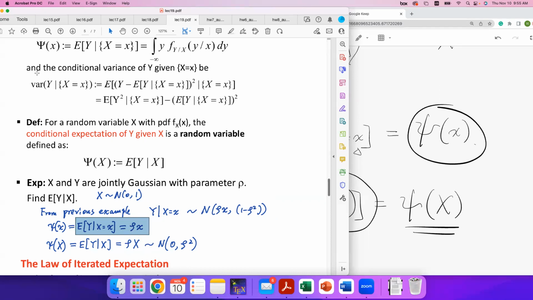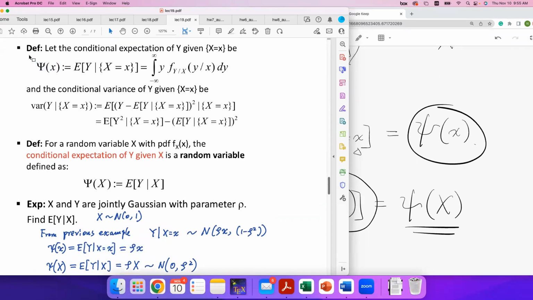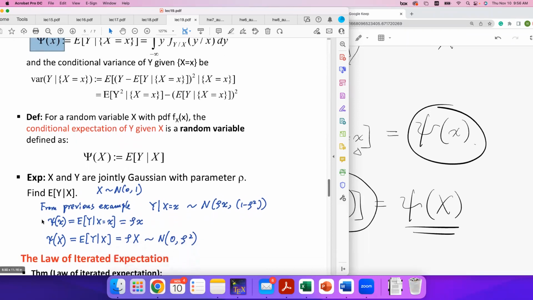Therefore, this phi x, defined as this conditional mean, is rho x. And you can see indeed, this conditional mean is a function of x. It's a function of the realization of x.